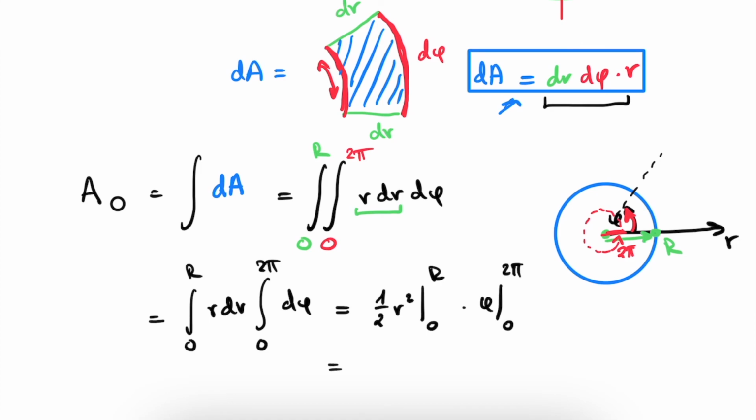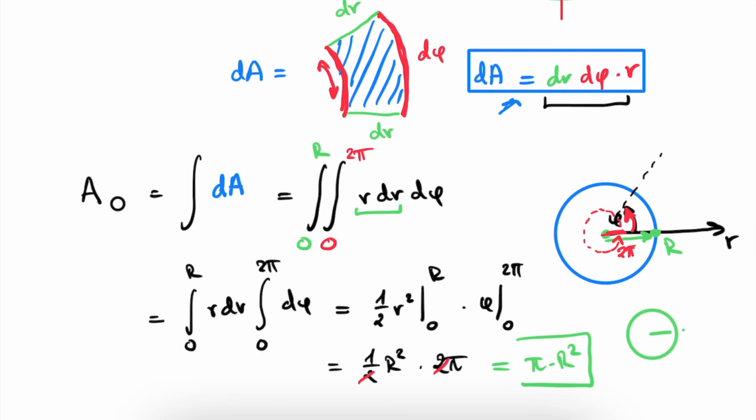And this is simply equal to 1/2 times R squared multiplied by 2 pi. And this, of course, gets us, by canceling this 2, that this is equal to pi times R squared. And this is indeed the surface of a circle with radius R.